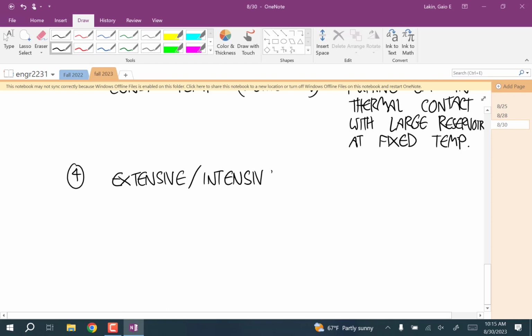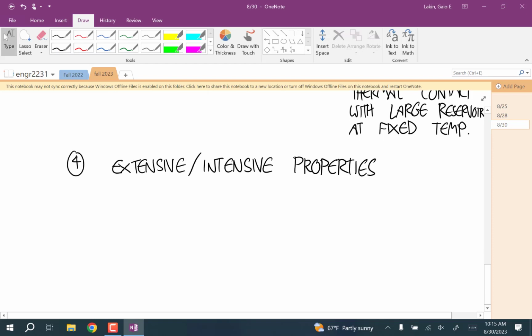Some of the common ones that we're going to use, two of the most common ones, are, remember that the total internal energy is equal to the mass of your system times the specific internal energy.